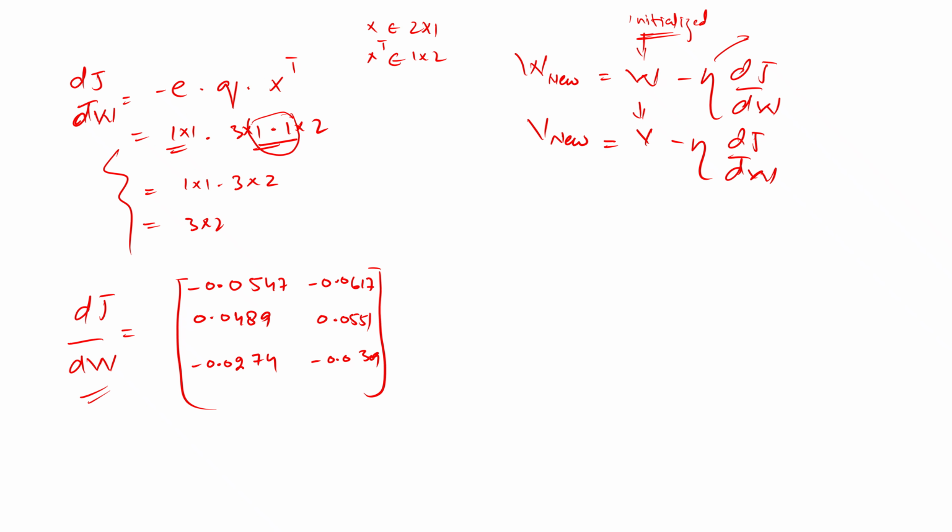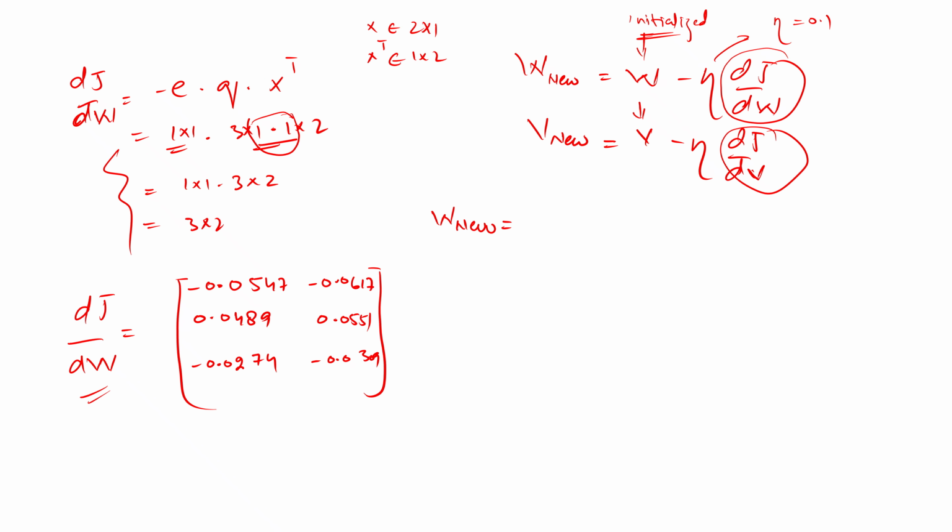Eta, this is our choice, so let's choose 0.1, and I have calculated this matrix and this as well. Sorry, this is not dW, this should be dV. Okay, so what will be the value? Let's do this for W new.